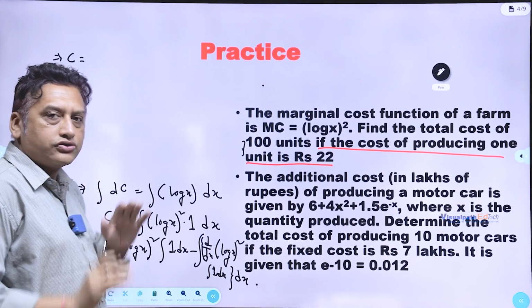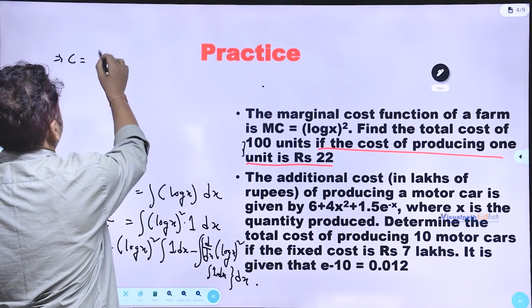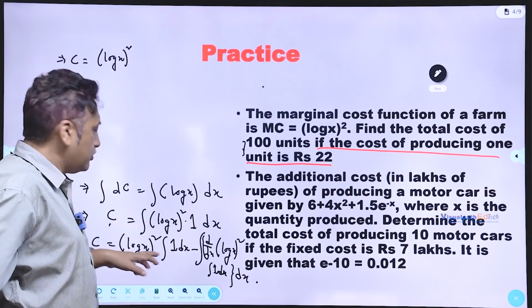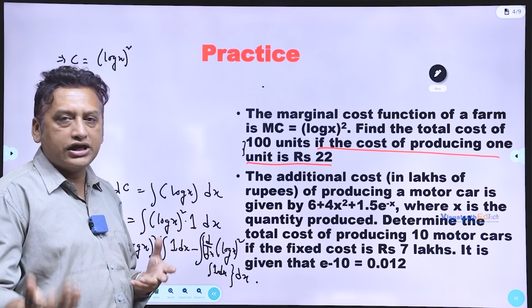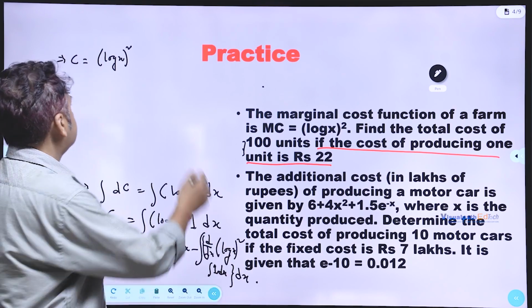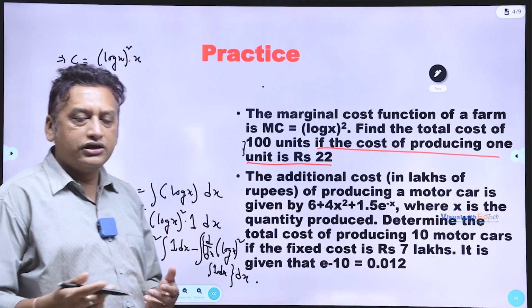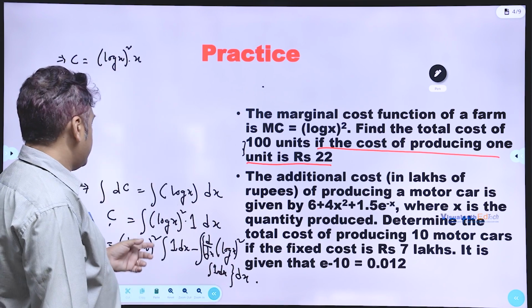So let's go slowly and understand how to do this. So log x whole square will be log x whole square. What is integration of 1 dx? Integration of 1 dx is integration of dx. And integration of dx is nothing but x. Like d/dx of x is 1, integration of dx is x.